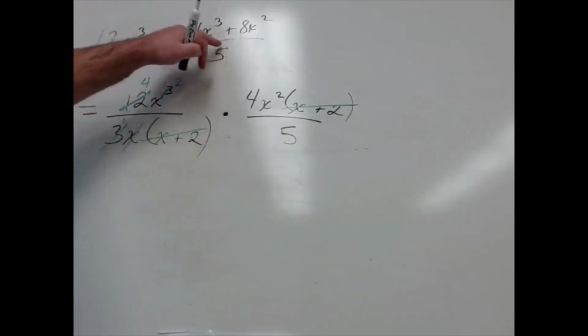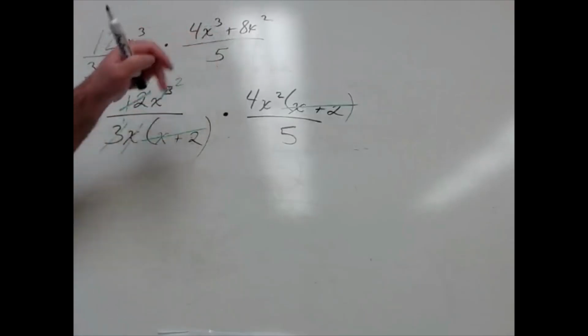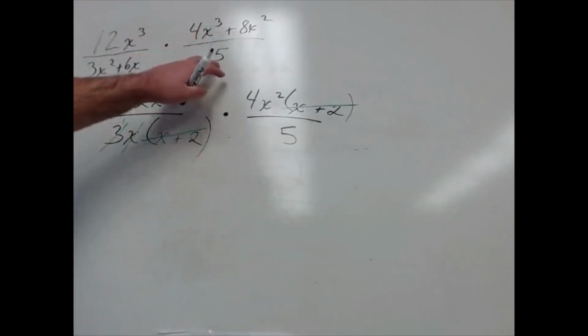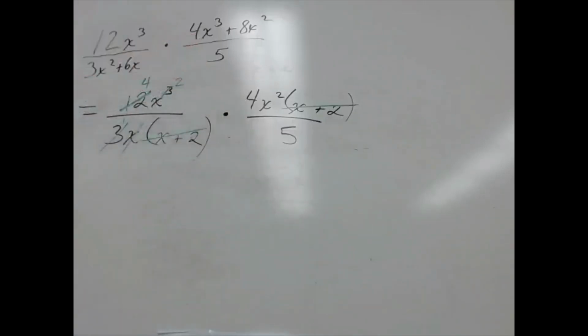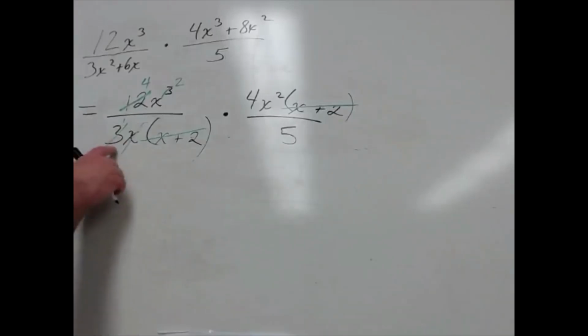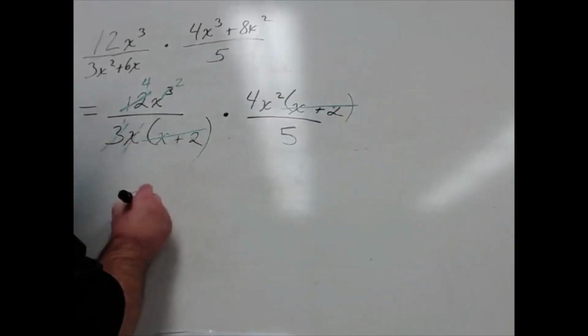Since there's no variable here, this will never equal 0. So I don't get any non-permissible values from this expression here.